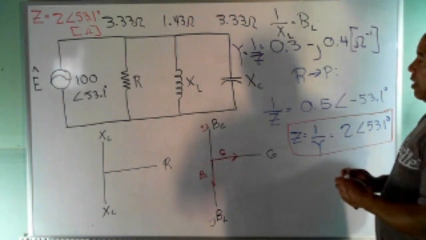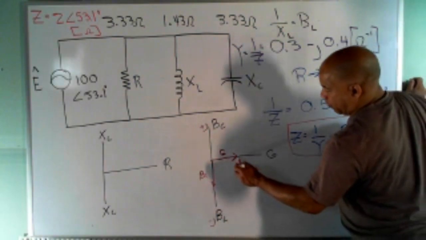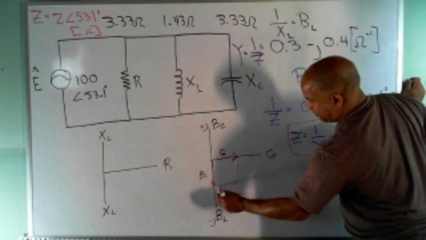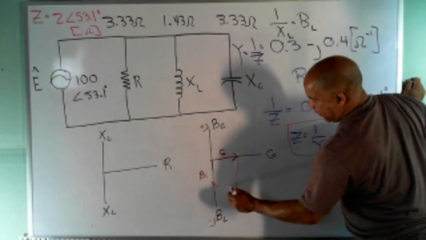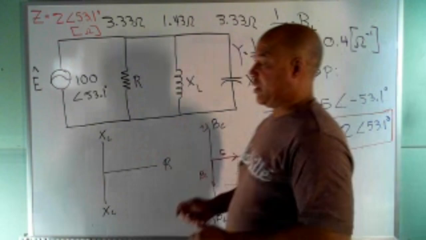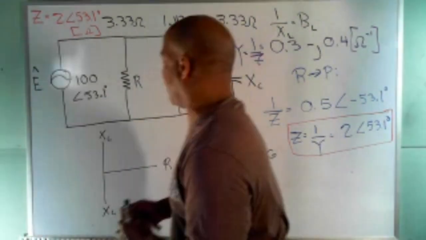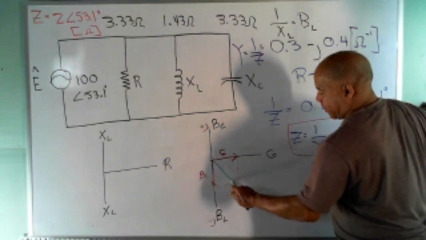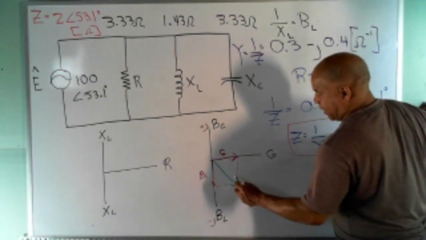And then to get your admittance, you just make a rectangle out of this, where you have a 90-degree angle there. To get the admittance, you start at the origin and come out to the diagonal corner like that. So that right here is Y.